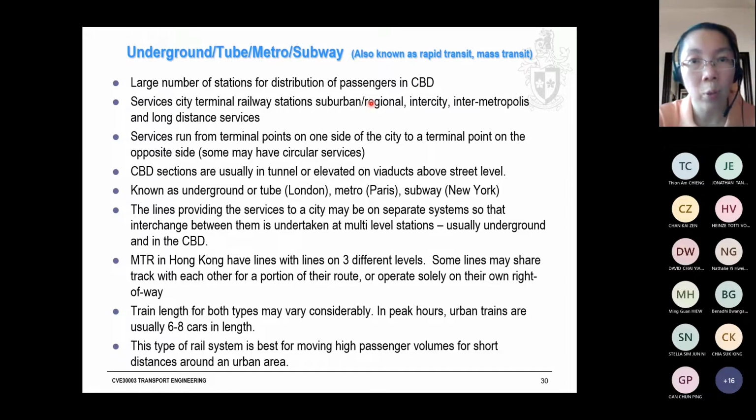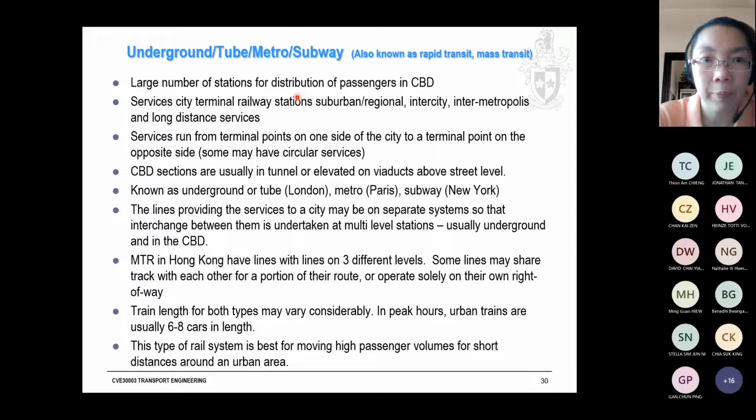The characteristic is that we have a lot of stations, spaced very closely together. Maybe a few hundred meters away, you would have one station. So the idea is that people can really access the different locations in the town or in the city.